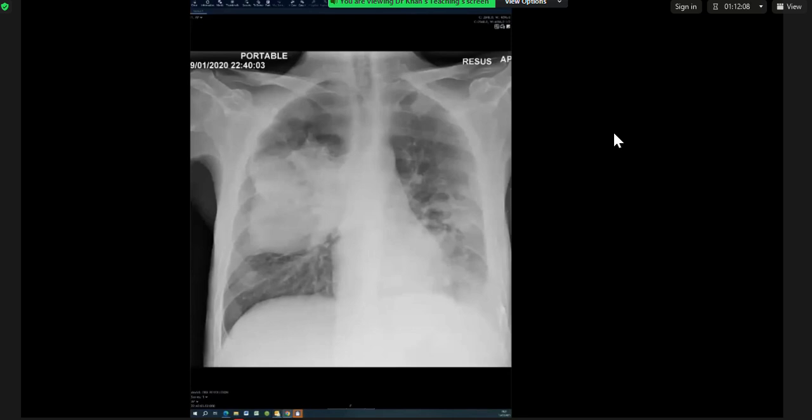This can be multifocal pneumonic changes. This can be pulmonary hemorrhage if the patient has a history of collagen disease or abnormality like bleeding tendency.